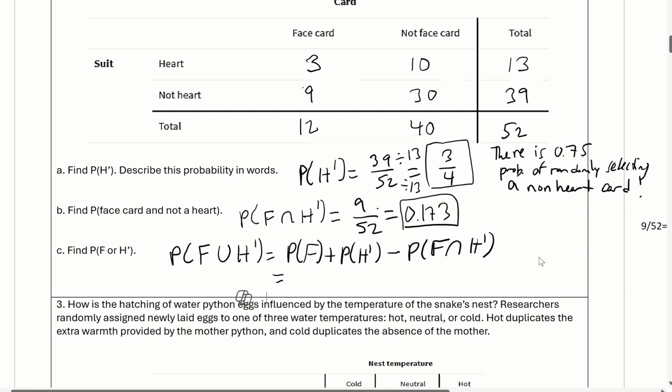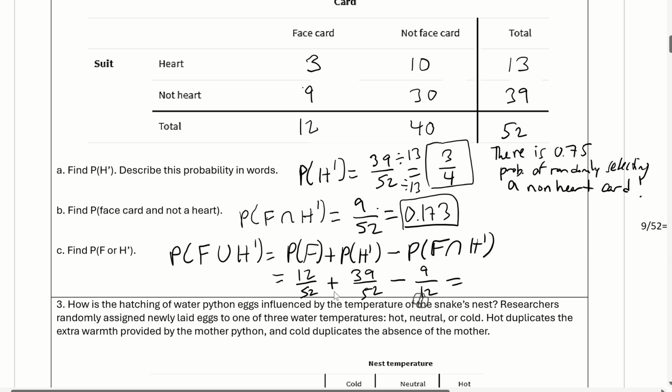So the probability of face cards, there are 12 face cards out of 52. How many non-hearts? There's 39 non-hearts out of 52, minus, then you want to subtract what they have in common, so face cards and non-hearts. So face card and non-hearts, that's 9, so just subtract that.